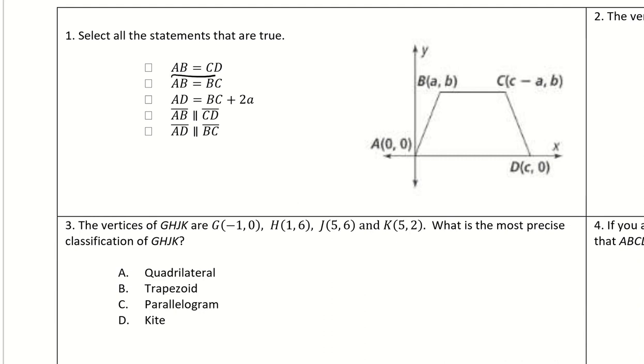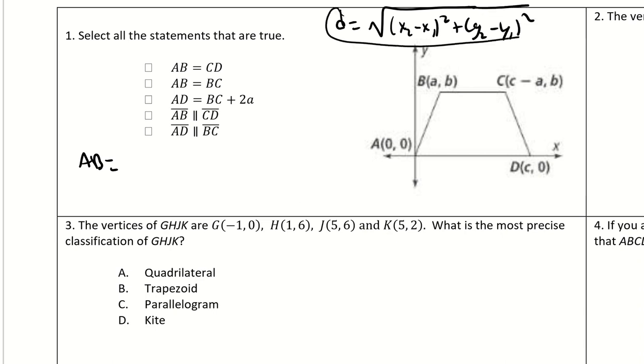So we want to say that AB is equal to CD. Let's see if that's true. So we want to see, is AB equal to CD? So we have to use the distance formula, okay? To get AB, remember the distance formula is square root of x2 minus x1 squared plus y2 minus y1 squared. So that's the distance formula, just in case you forget. Let me just put it in a bubble.